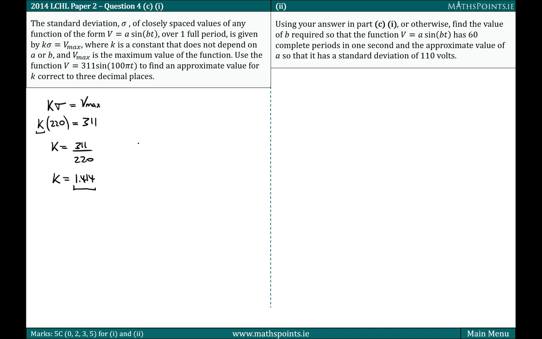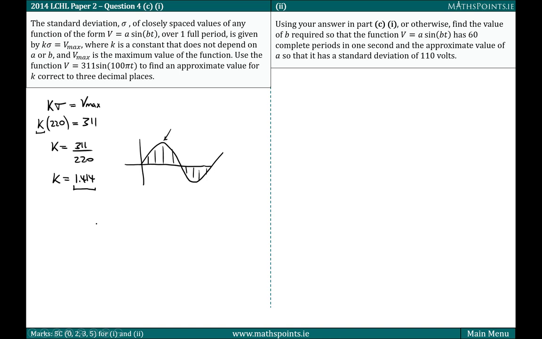So where we have a sine function like we've seen here, where it goes up and it comes down, it goes up again, and if our values have been closely spaced together, then for every function, if you multiply this constant, 1.414, by the standard deviation that you get, that will always be equal to the maximum voltage in the question. So it's just an interesting result.